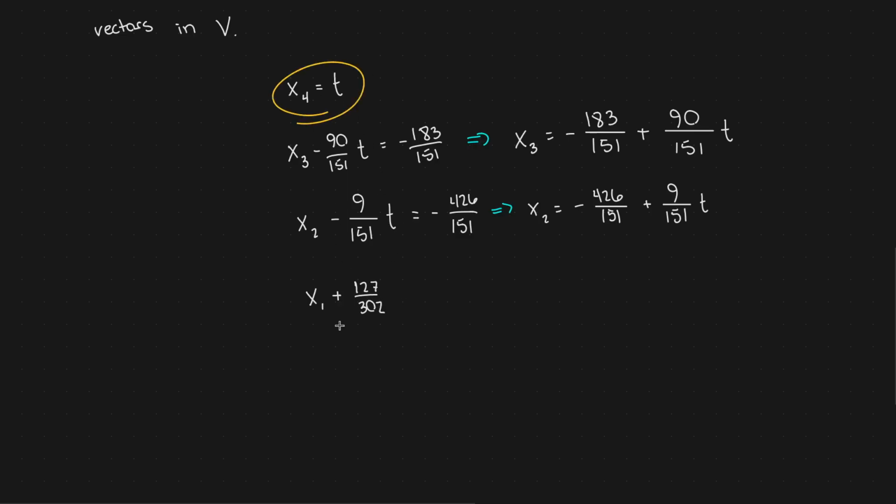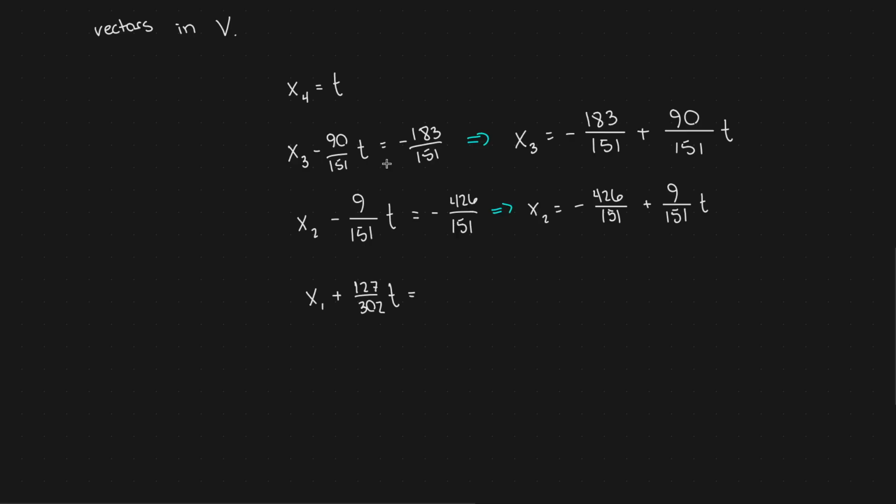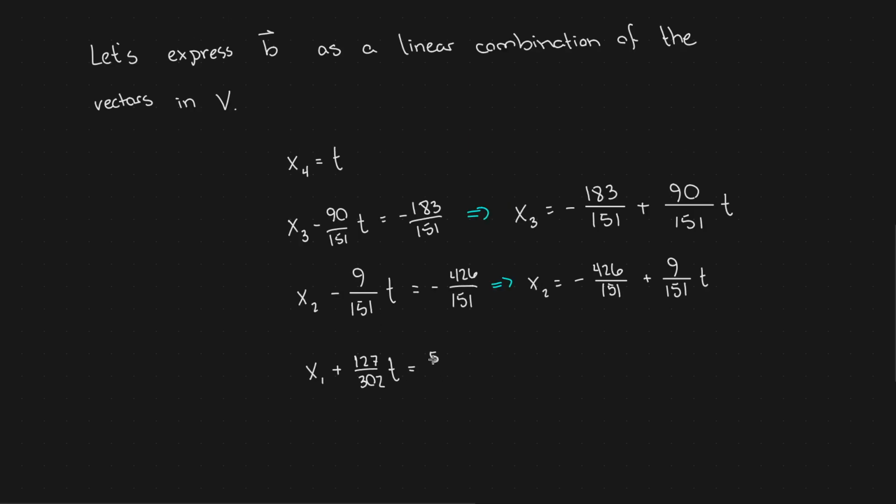And instead of plugging in x4, I will plug in our free variable t, since they're the same thing, is equal to 525 over 302. Okay, so let's solve for x1. So x1 is going to be 525 over 302 minus 127 over 302 t.